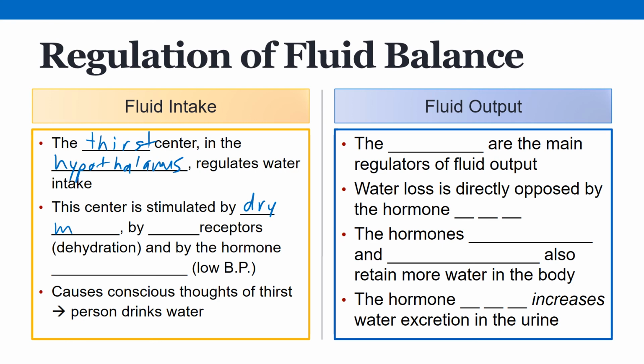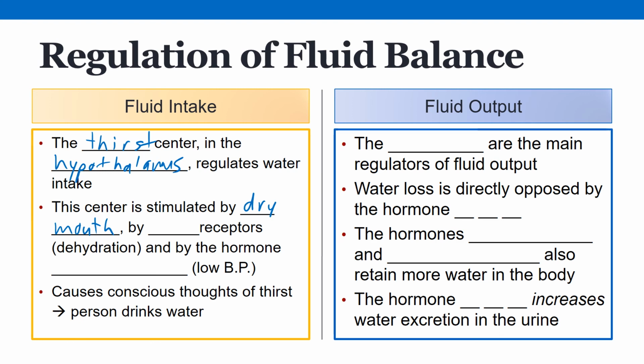Dry mouth is actually one of the main stimulants of the hypothalamus. There are hydration sensors in the mucous membranes of your oral cavity, and when your saliva becomes dehydrated, your entire mouth becomes dehydrated, and that stimulates your hypothalamus to feel thirsty.